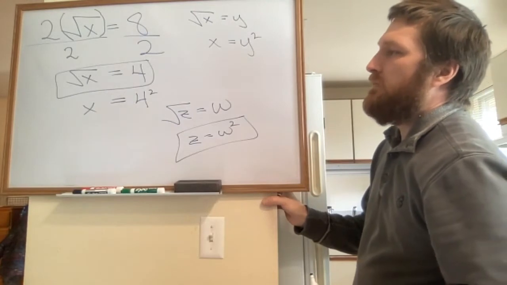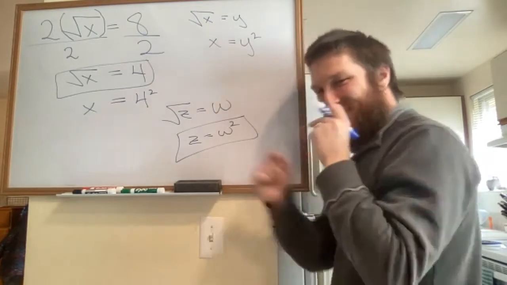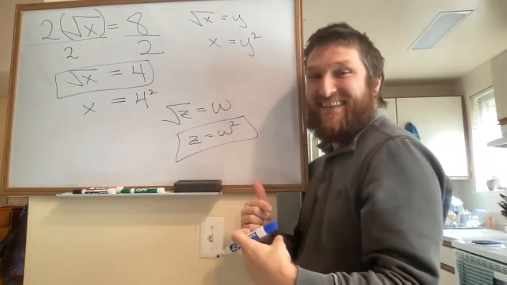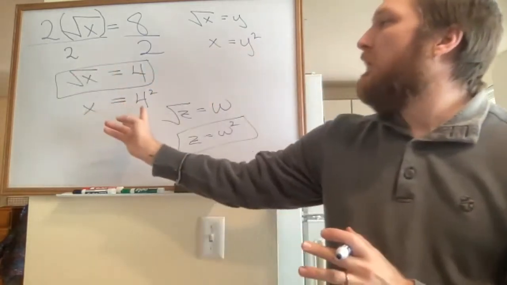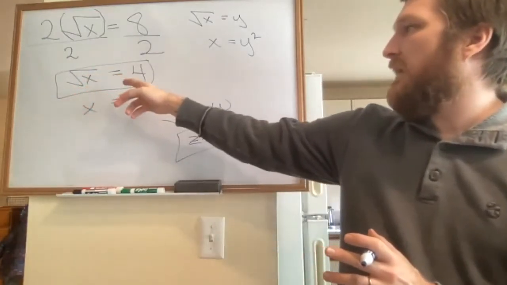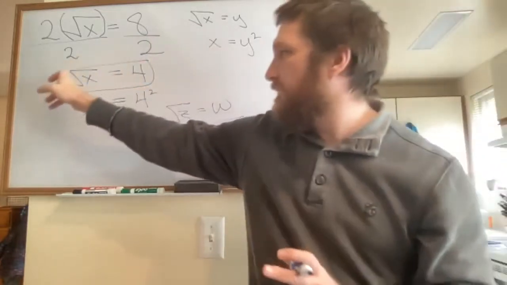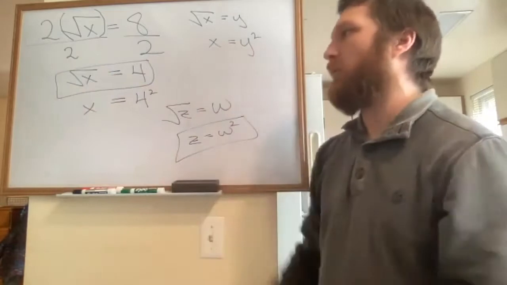Oh, right. You're going the wrong way. You're trying to think about it. Don't think about it. This is what it means to be a square root, that there's some number multiplied by itself. The way we undo square root is to square both sides.